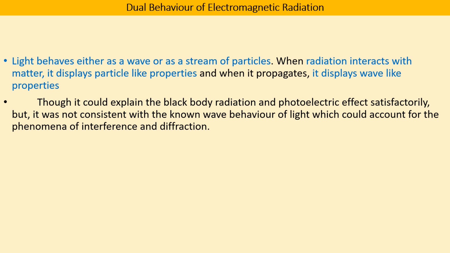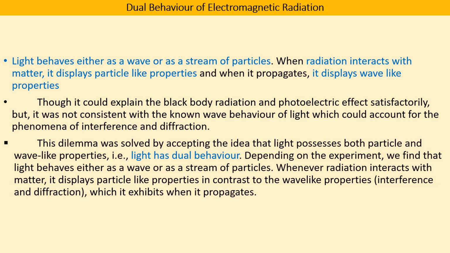Though it could explain the black body radiation and photoelectric effect satisfactorily, it was not consistent with the known wave behavior of light, which could account for the phenomena of interference and diffraction. This dilemma was solved by accepting the idea that light possesses both particle and wave-like properties.